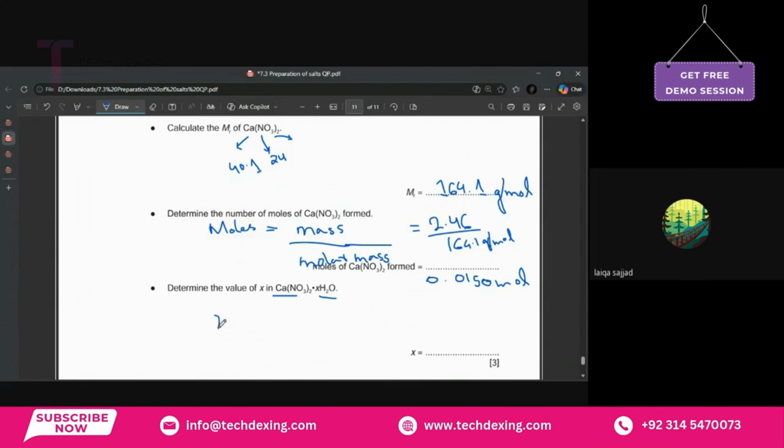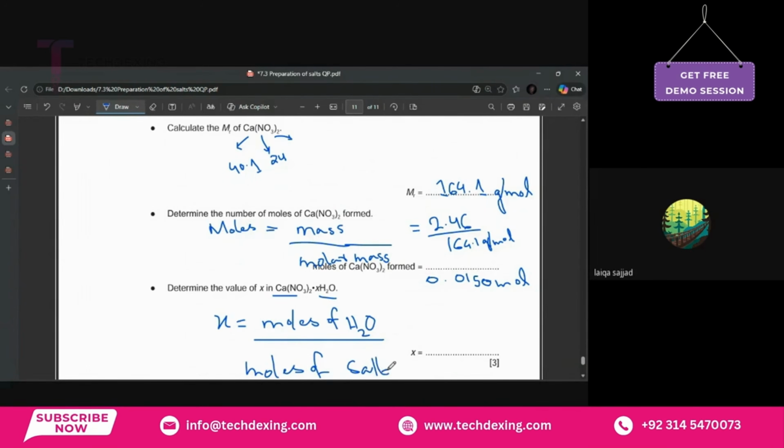So to find x, we will simply find the ratio of moles of water, H2O, divided by moles of the salt which will be given in the question.